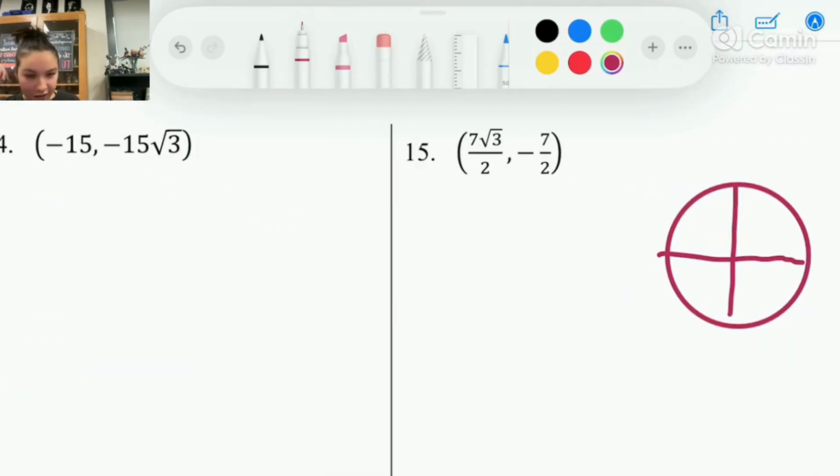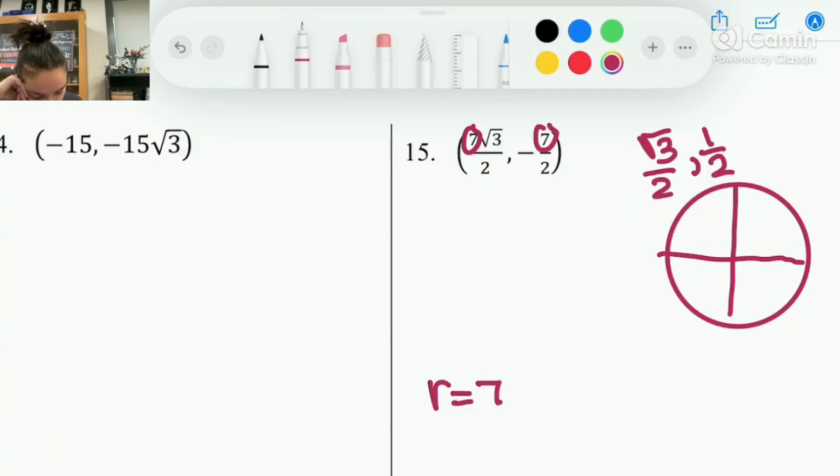This one's kind of a lot easier. So you know that the coordinate is going to be square root of 3 over 2 and 1/2. You know this because this right here is multiplied with the numerator, so you automatically know that your r is going to be 7. So next you just need to figure out where your theta is.